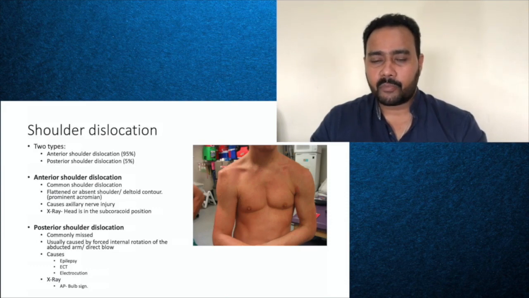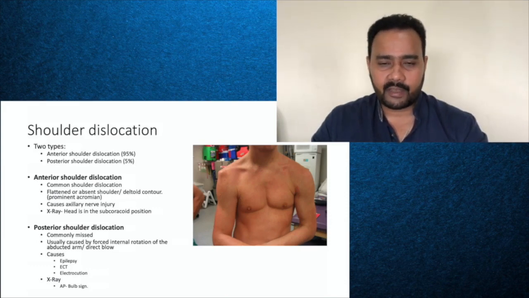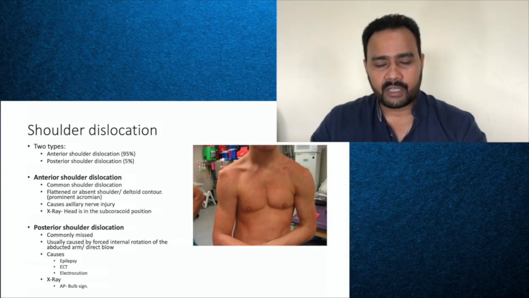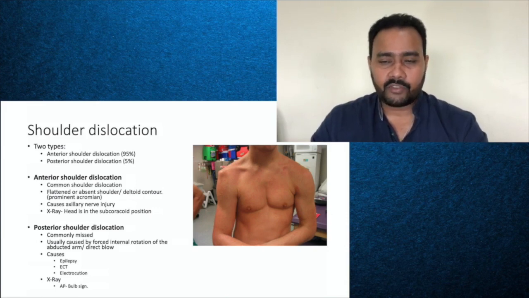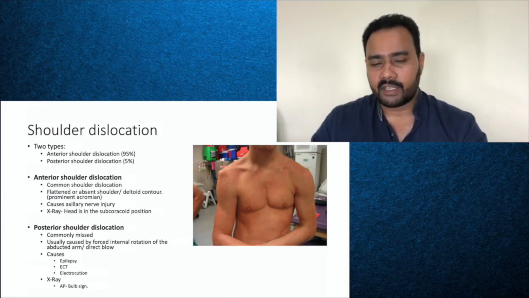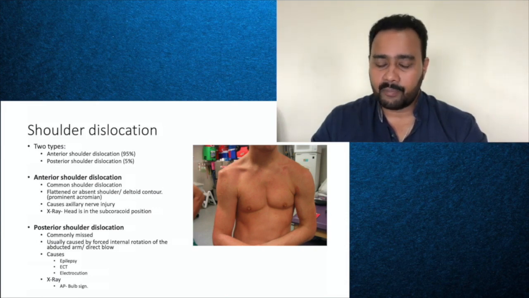Next, posterior shoulder dislocation is very rare, right. Commonly it is missed, and usually it is caused by a forced internal rotation of the abducted arm, or sometimes by a direct blow. It is common after some conditions, for example, epilepsy, electroconvulsive therapy and electrocution.